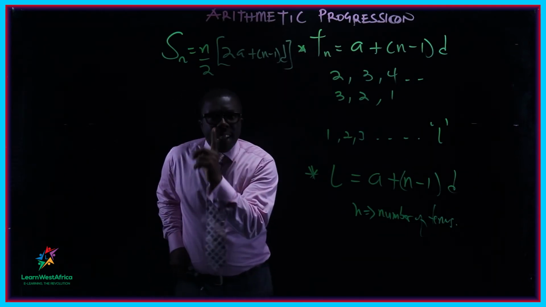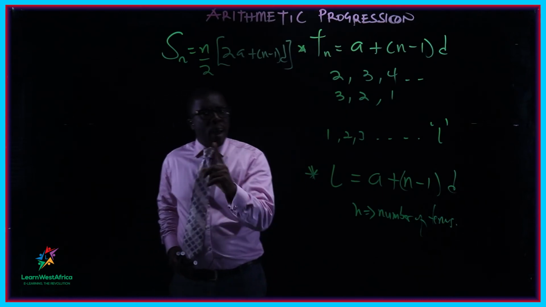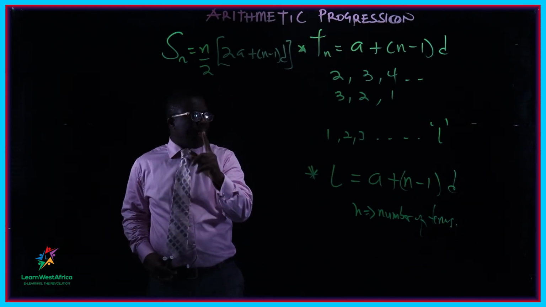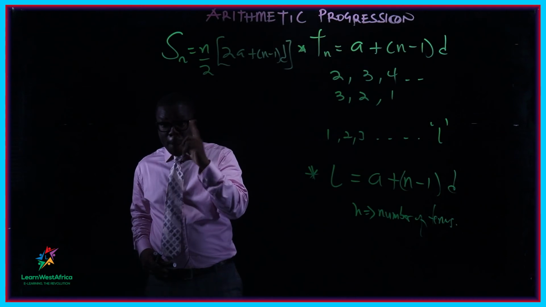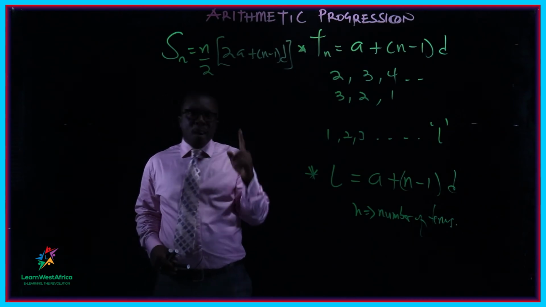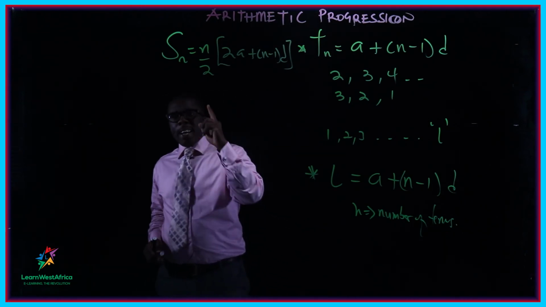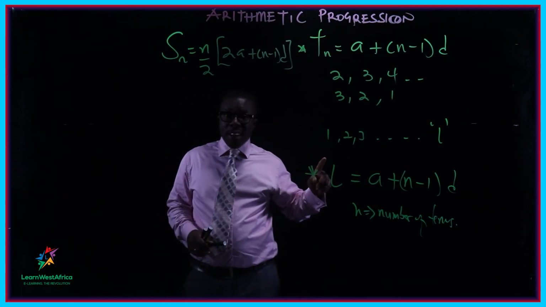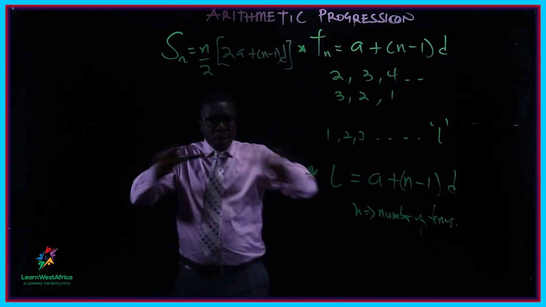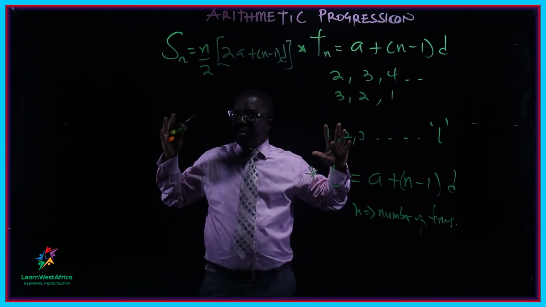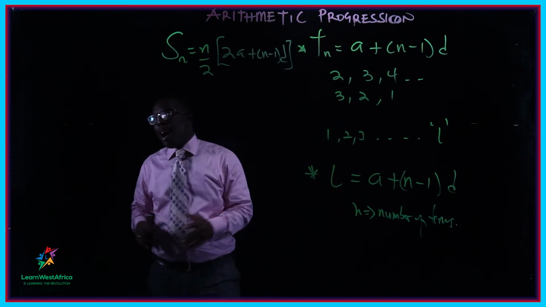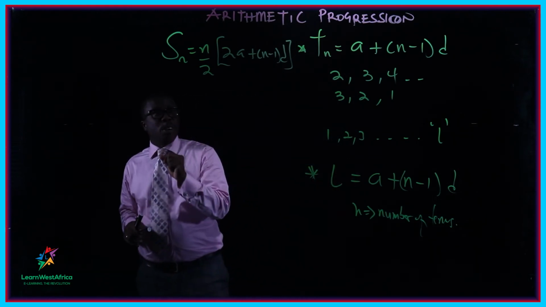Now, in the event where you have the last term of the AP, there could be a relation where, with the last term given, we can quickly find the sum of the terms. How do we do that? We'll just go to the derivation a bit.